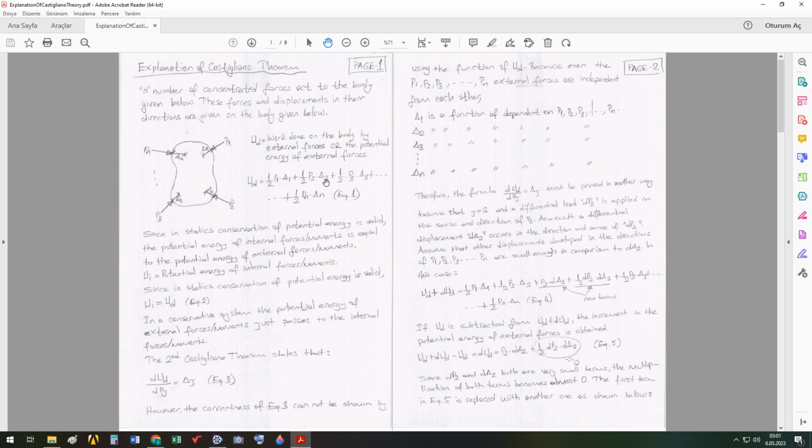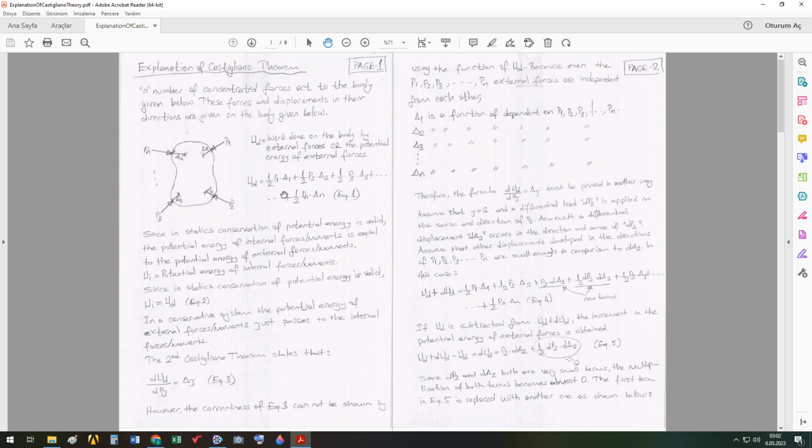Delta 2 is also dependent on all P's. As we all know here, if I remove P2, P3, Pn and other forces, in addition to delta 1, any delta 2, any delta 3, any delta n will occur also in the body because of only that P1 force.